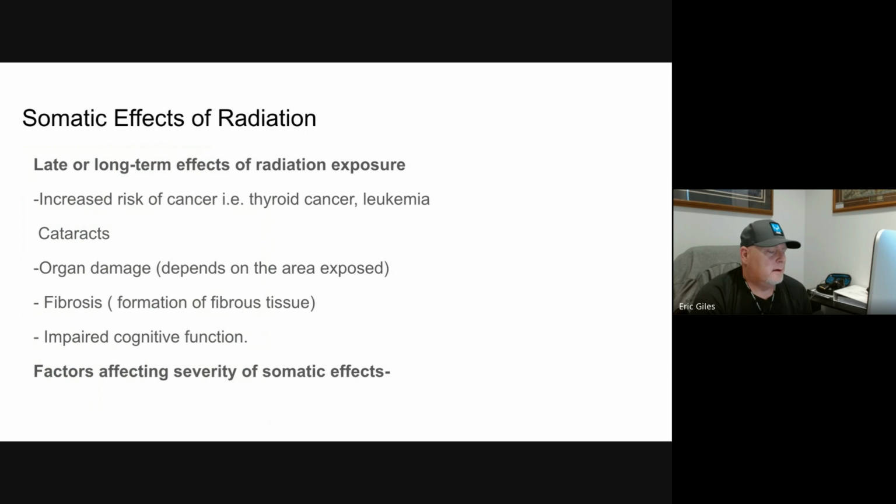So organ damage depends on the area exposed. Fibrosis, which is the formation of fibrous tissue, which can be very dangerous. Impaired cognitive function. Sometimes I wonder, man, my cognitive function isn't great sometimes, and I hope it's not from overexposure to radiation. But anyway, factors affecting severity of somatic effects.